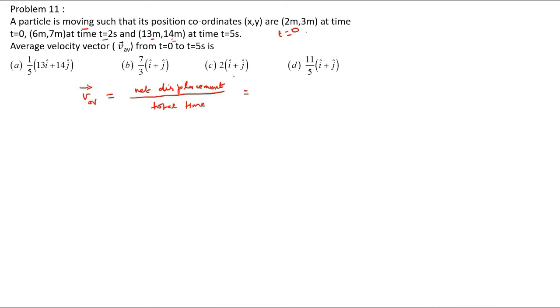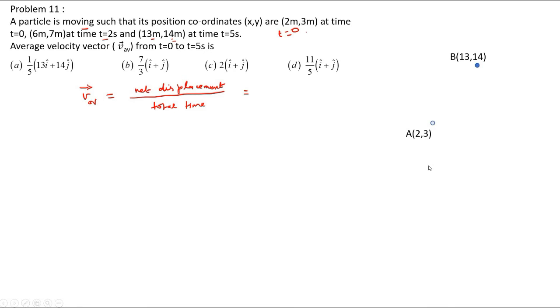Okay, this is a formula. Net displacement is a vector. So what is the initial position? Say A, 2 comma 3. Let's say this is the initial position of the particle. Then where it goes after time t equal to 5 seconds, it goes here. Let's say the final position is B, 13 comma 14. Here it is 2 comma 3. Let the coordinates be in units of meter. Then what is the displacement?